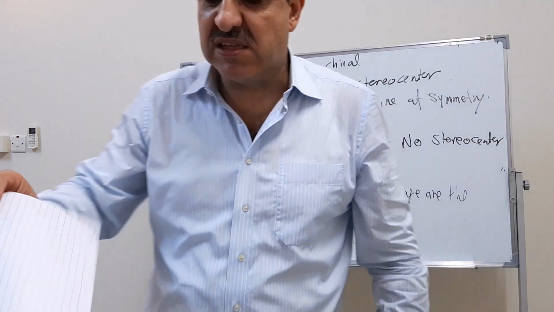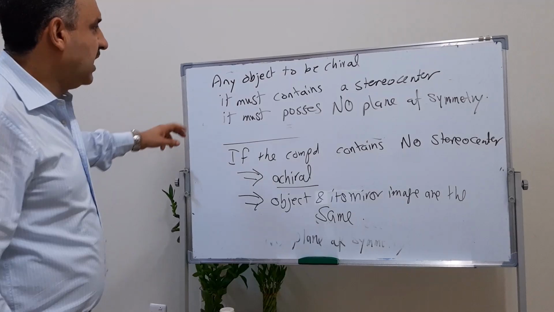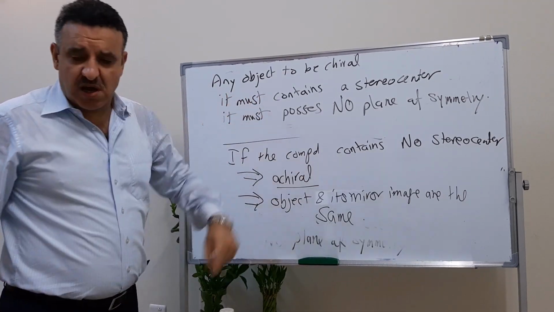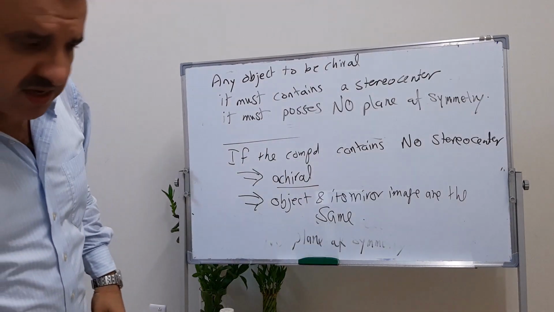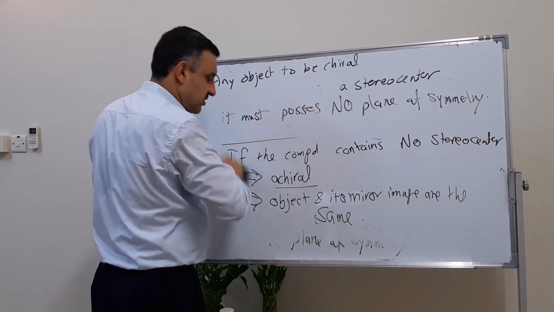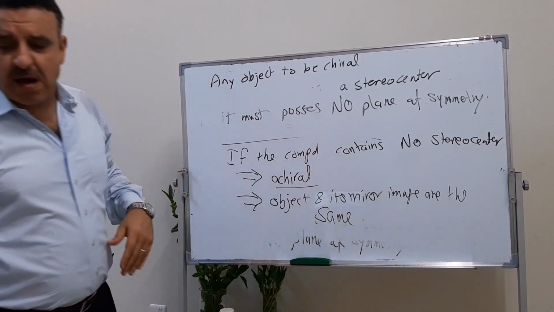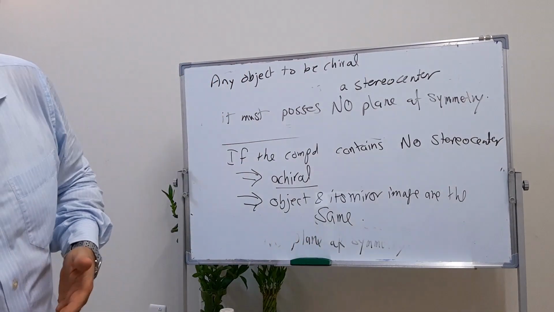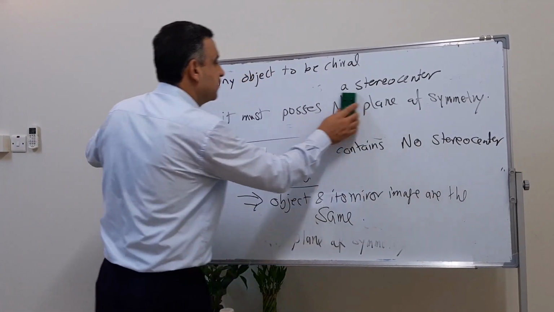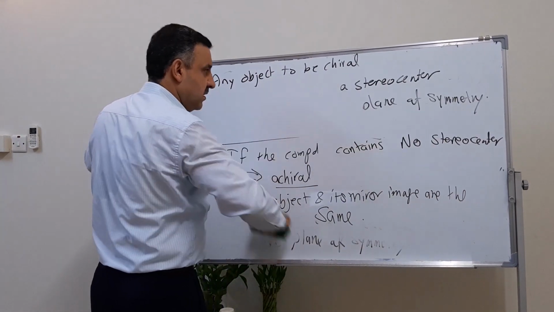Therefore, chirality is always connected to the presence of a stereocenter and the absence of a plane of symmetry. You write it this way.